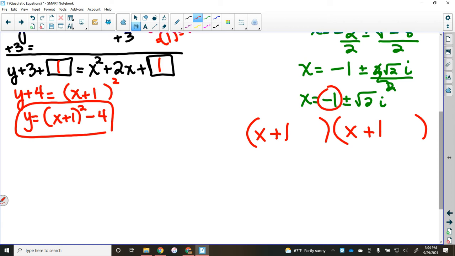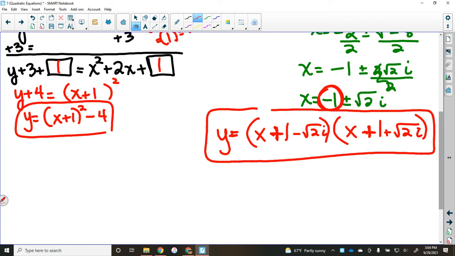Do I care which one goes where? No. But this sign has to be plus on both of them because this is a -1 for both answers, so the factors have to be opposites. Okay, does that make sense? All right, so there's my factored form for the imaginary. That's the worst part of this whole thing.